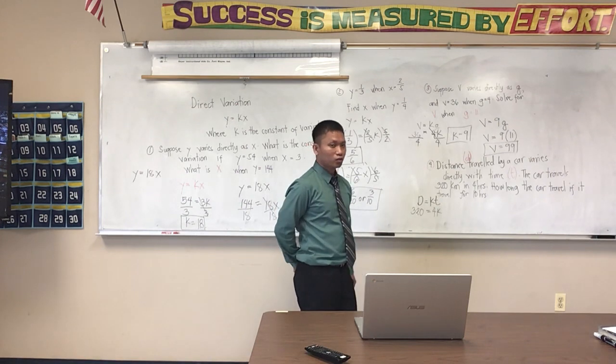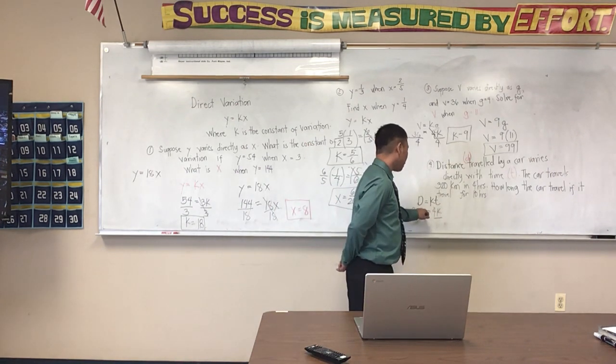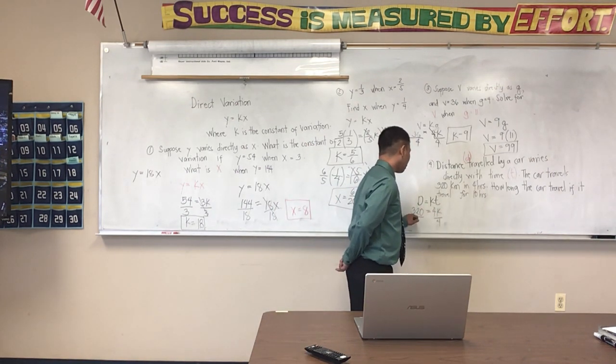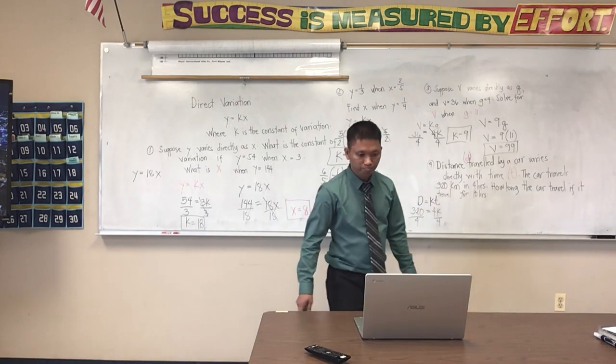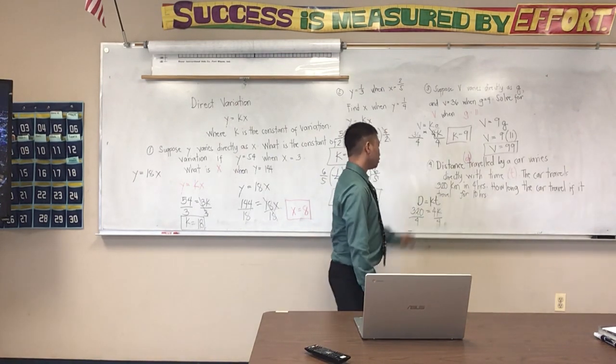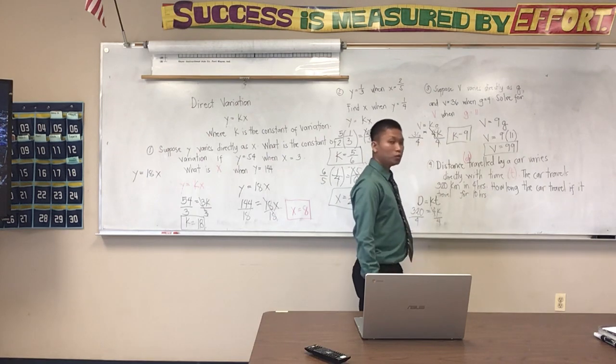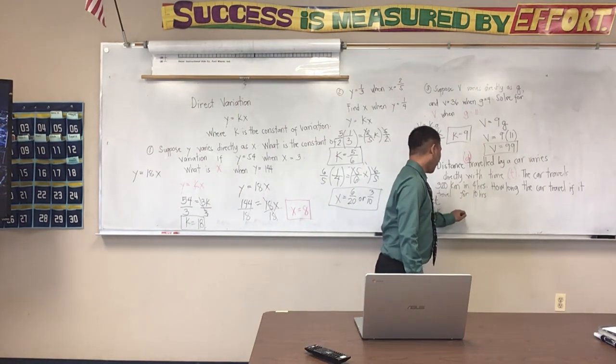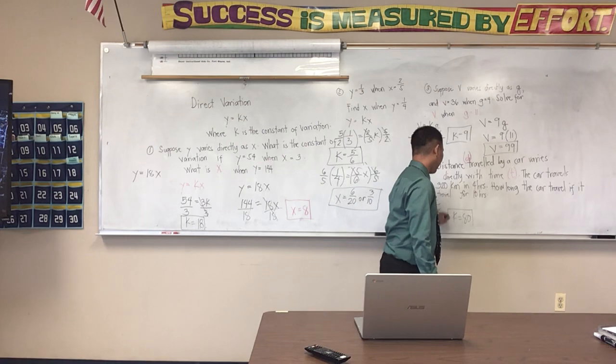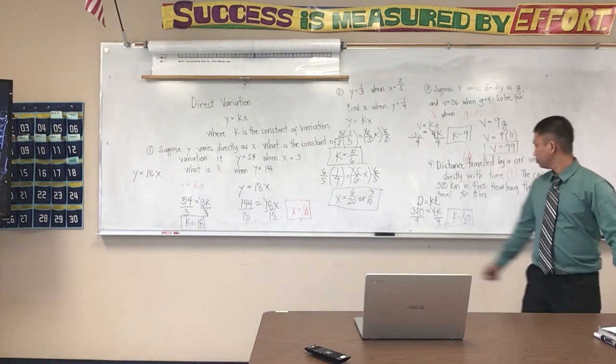Okay, so we will divide both sides by 4 to solve for the constant. So we have now K is equal to 80. This is the constant.